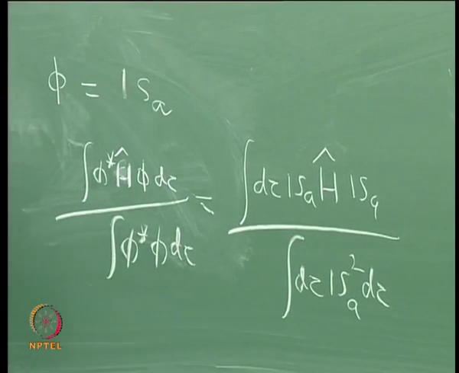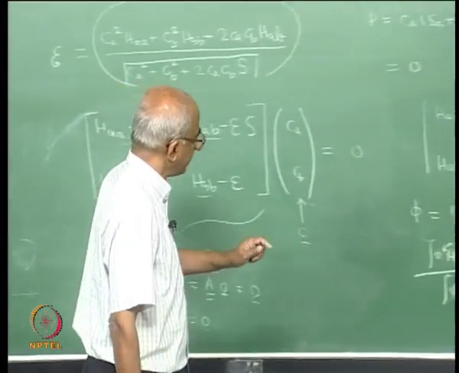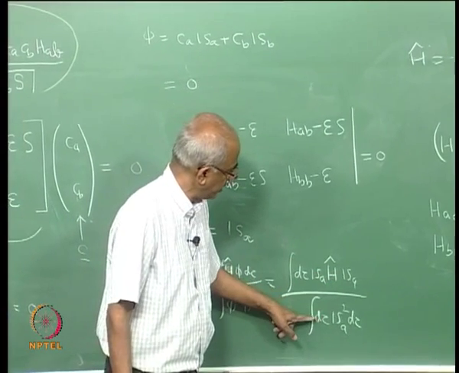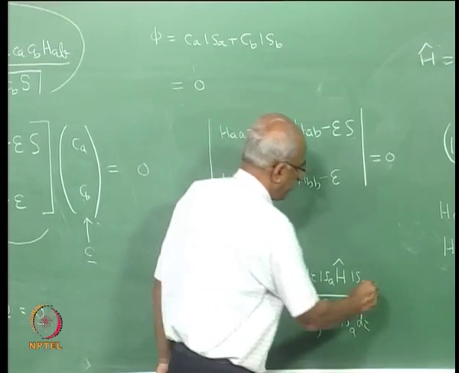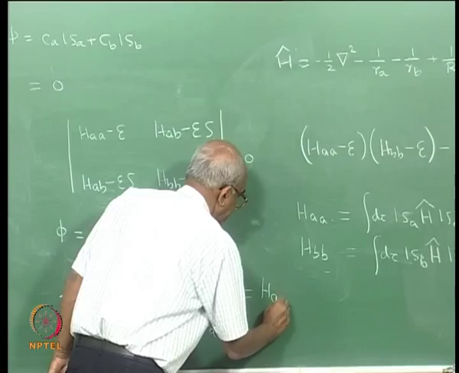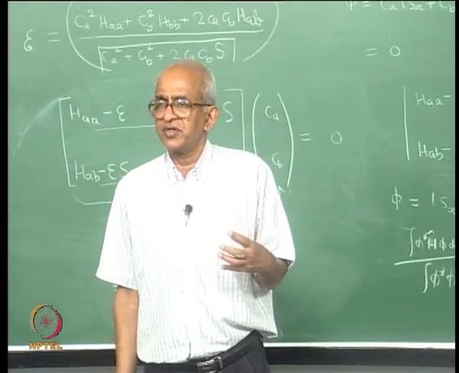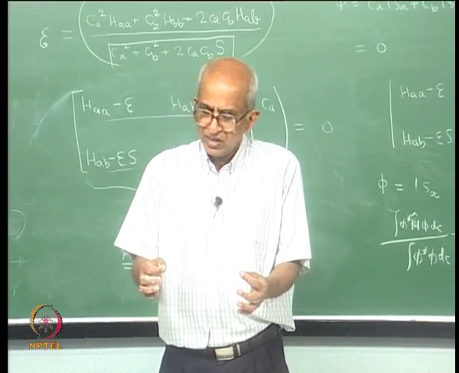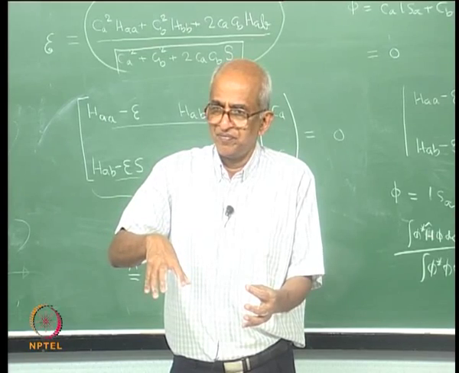If for a moment you say that the wave function for the electron is just 1sa, it is not a linear combination, then the expression for energy that you will get is integral d tau 1sa h 1sa divided by integral d tau 1sa square d tau, but this integral is unity and therefore, this is nothing but equal to HAA. Now, this gives me a simple physical interpretation for this integral. Imagine that I have this H2 plus molecule and imagine that one electron is forced to sit in the atomic orbital 1sa.